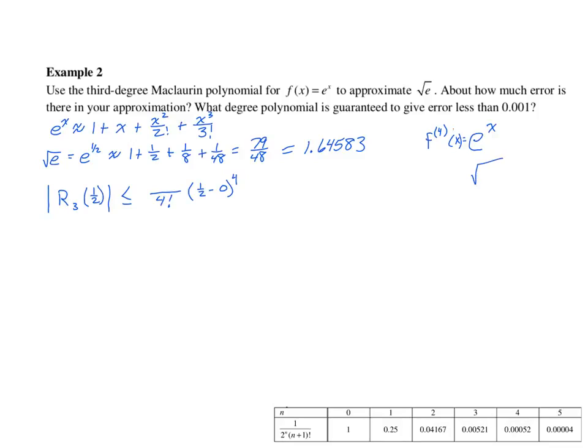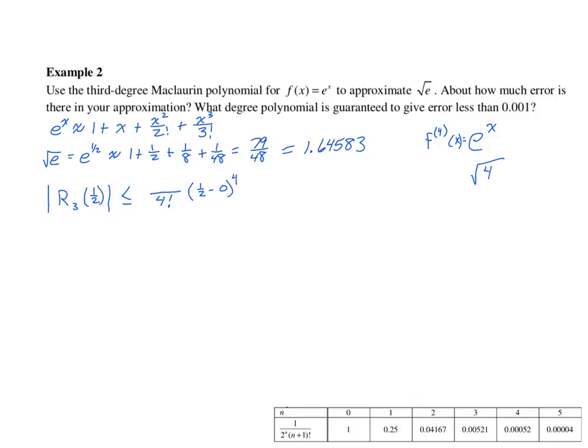1/2 power, that would be the same thing as saying square root. Now, e, we know that is about 2.718. So what I want to do is put a number in here that's going to be larger than 2.7 that I can calculate easily. A number that comes to mind would be 4.